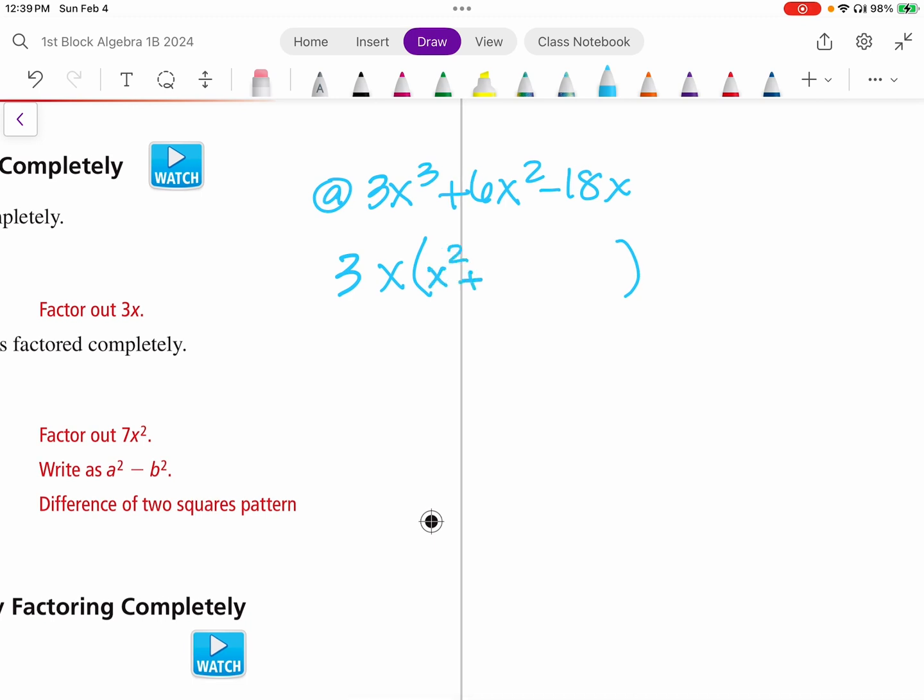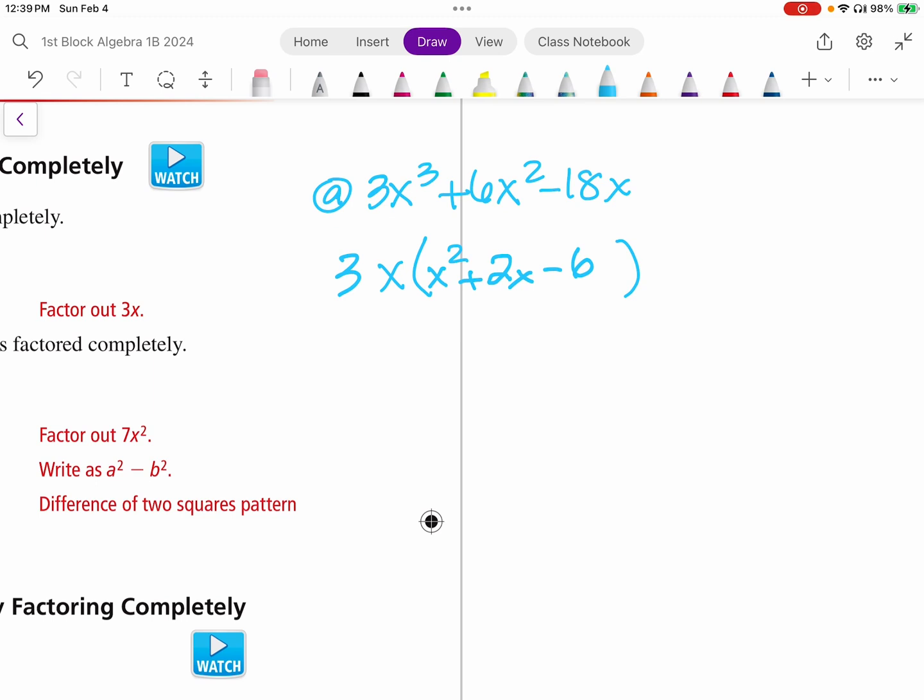Plus, 3x times what equals 6x squared? Well, 3 times 2 is 6, and x times x is x squared. Minus, 3x times what is 18x? Well, no more x's, but 3 times 6 is 18. All right, so I factored out a GCF.